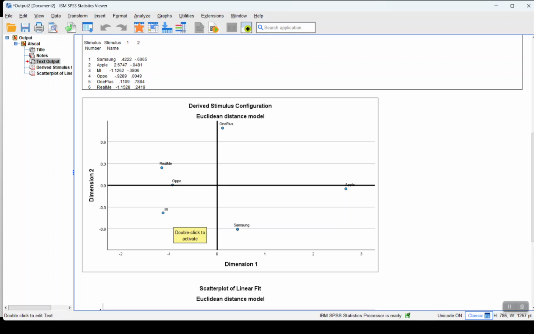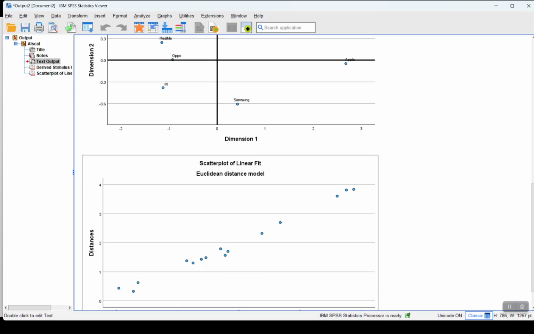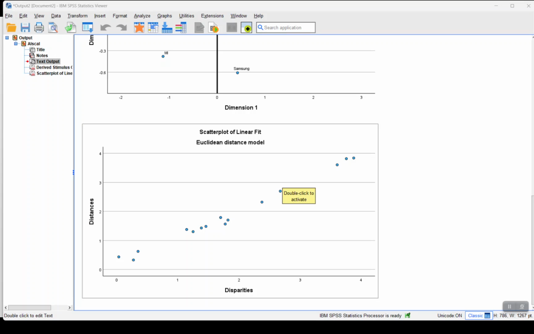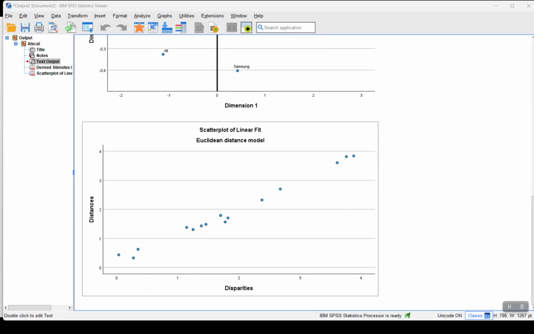Samsung is good to have features. It's a very common brand, and as you can see, Apple is more leaning towards social status at this side. We also need to consider the linear graph here, as we can see that it is forming a straight line, which means the scatter plot created is actually good, and the model fits the data that we have.